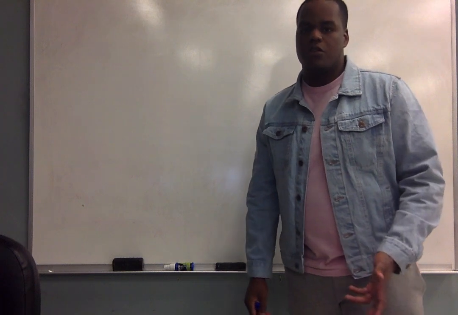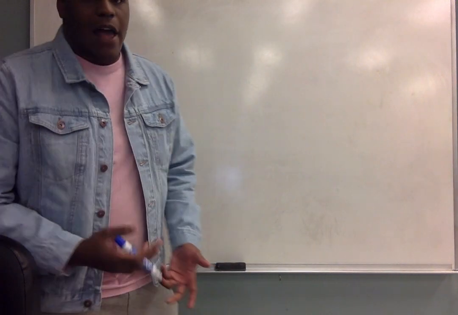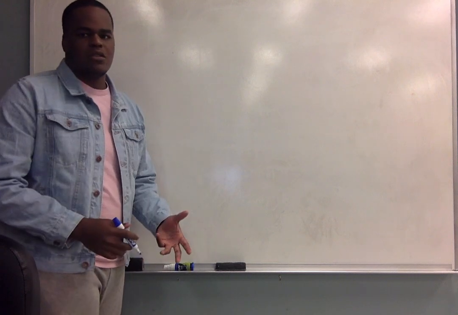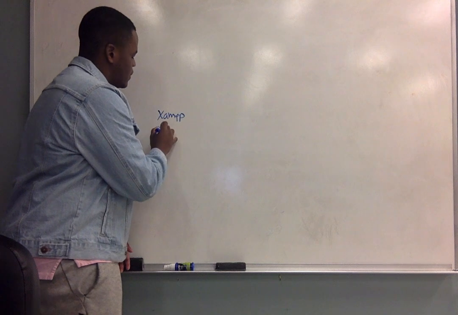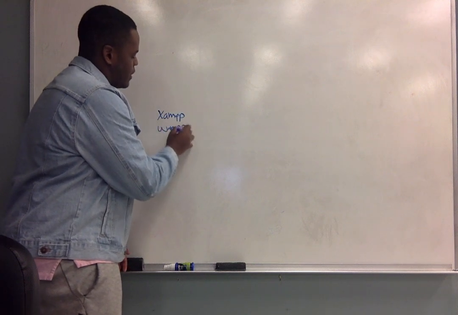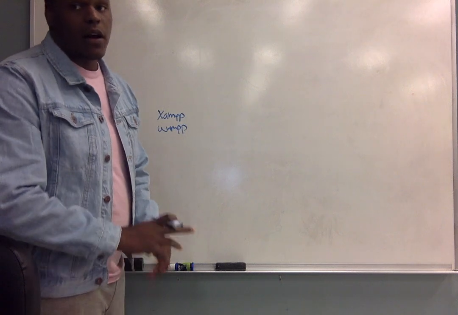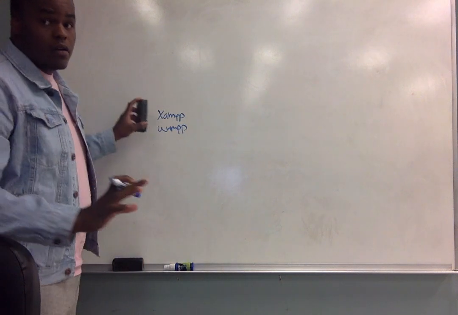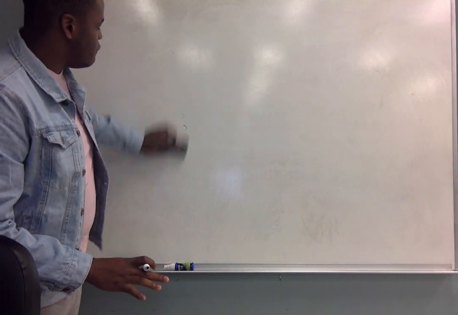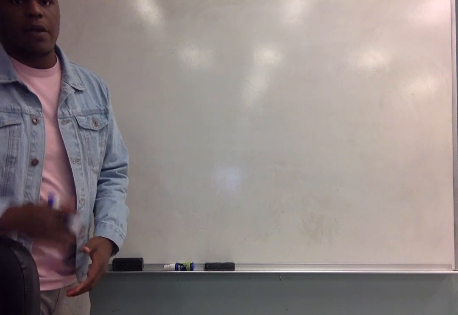One of the cool things you can do is use a regular laptop, and you can get one of these bundles like XAMPP or LAMP, and it'll have all that stuff built in. You can just start and stop it. But we're going to get a little more advanced, and we're going to put everything on the server individually so you can see how it works in Linux, and we'll be doing some cool stuff in the command line.